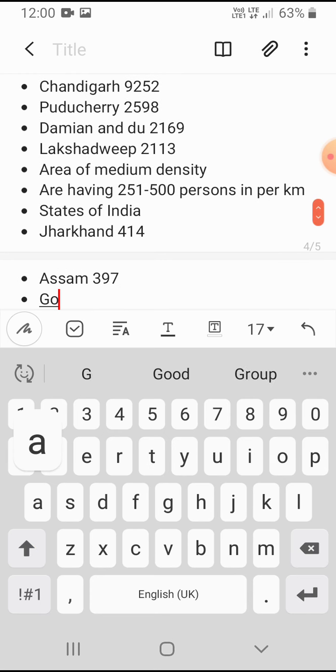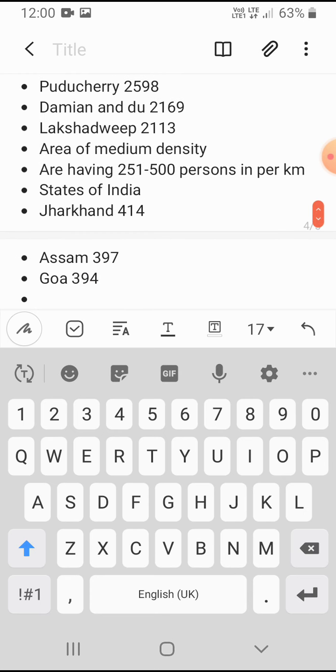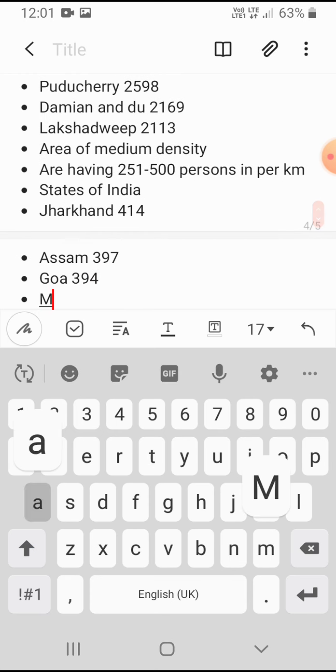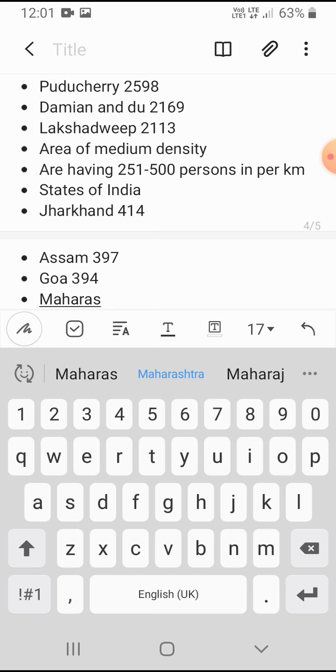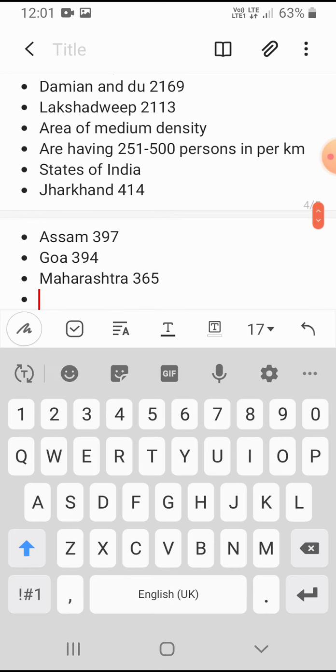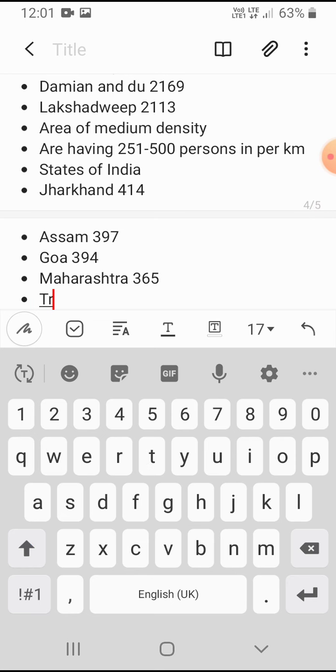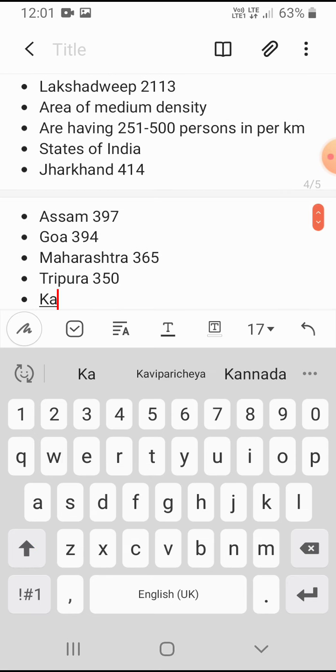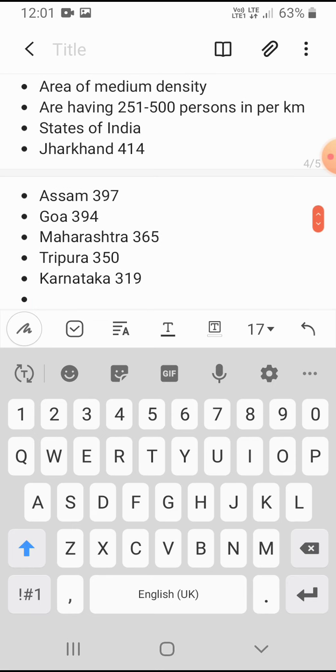After that Goa, with 394. After that Maharashtra, with 365. After that Tripura, with 350 people per square kilometer. After that Karnataka, with 319 people per square kilometer.